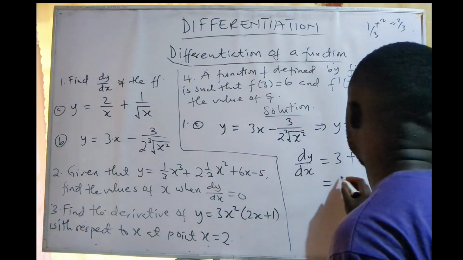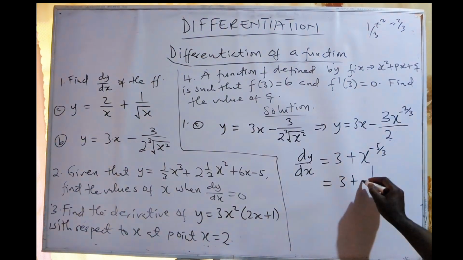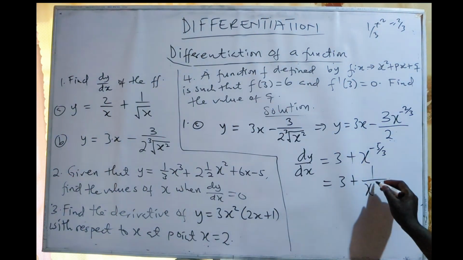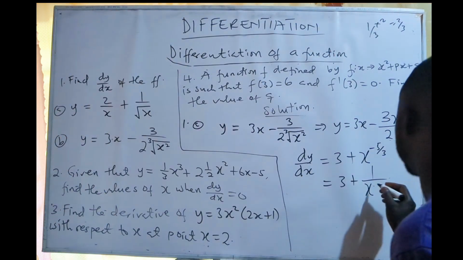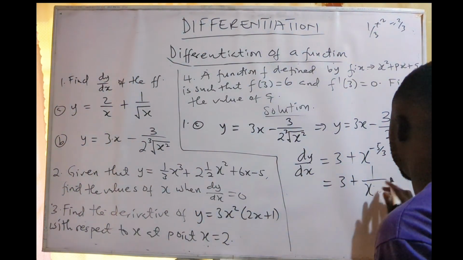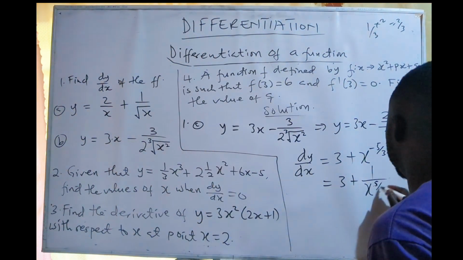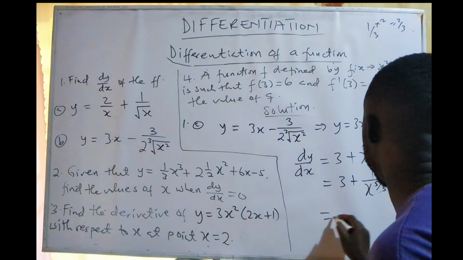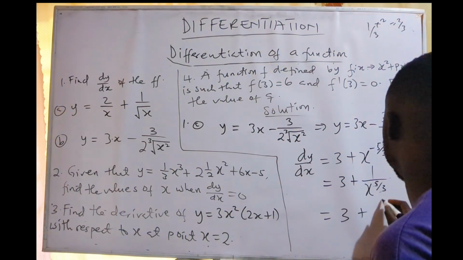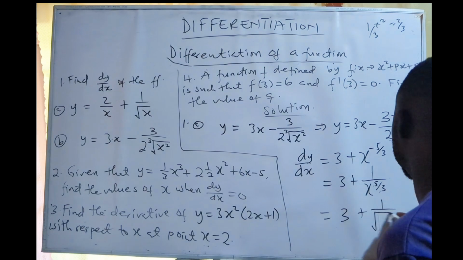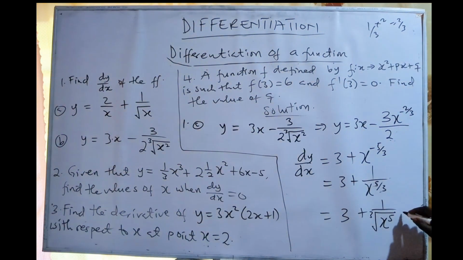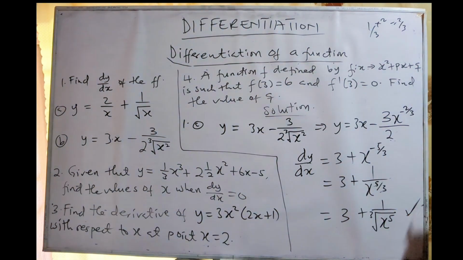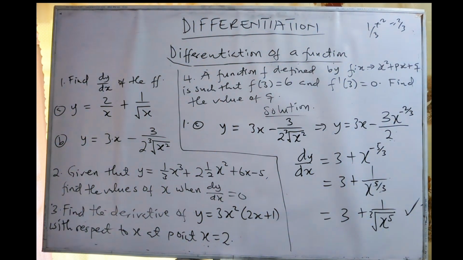So finally we can write 3 plus 1 over x exponent 5 on 3, which is the same as 3 plus 1 over cube root of x exponent 5. So our answer can also be like this. I believe you get it.